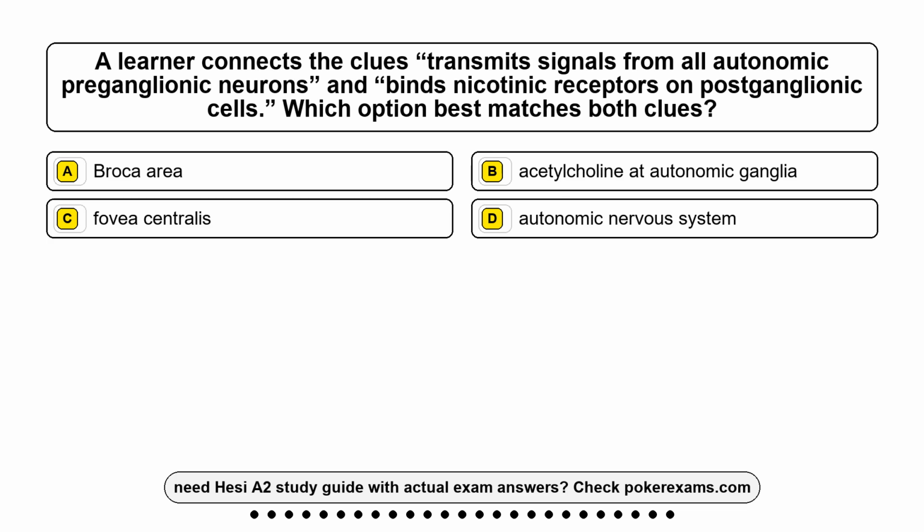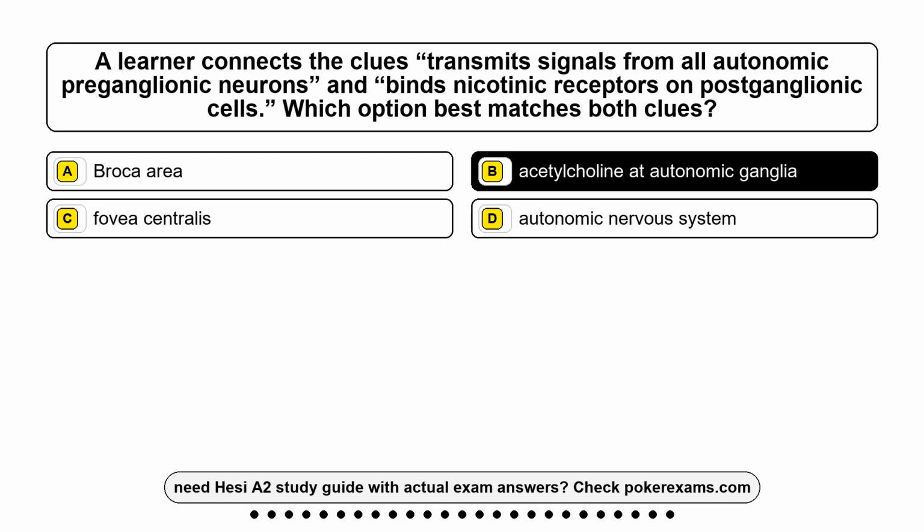Question 14. A learner connects the clues: transmits signals from all autonomic preganglionic neurons, and binds nicotinic receptors on postganglionic cells. Which option best matches both clues? Option A, Broca area. Option B, acetylcholine at autonomic ganglia. Option C, fovea centralis. Option D, autonomic nervous system.